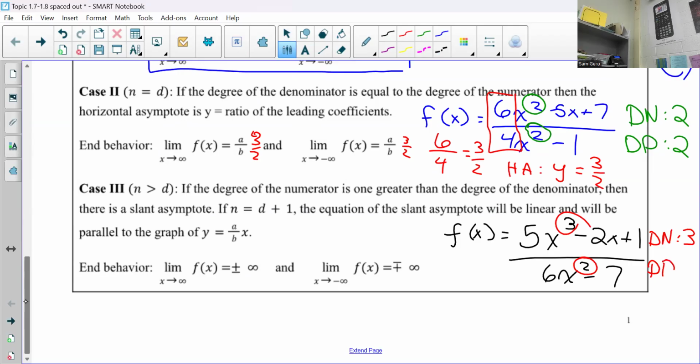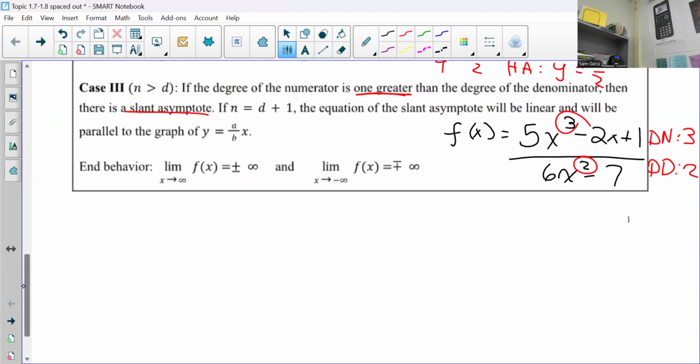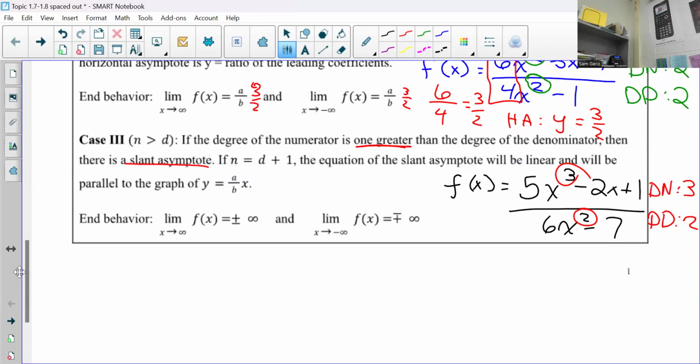The degree of the denominator is 2. If the numerator is bigger by 1, there's a slant asymptote. If it's not, there's no slant, but it still does the end behavior. And the idea is that it's going in a specific direction. It's not going to go to a number. It is going to go to infinity or negative infinity.